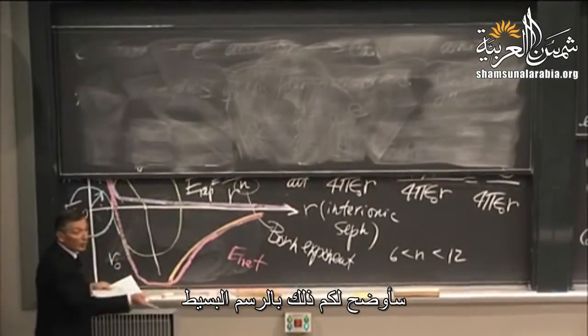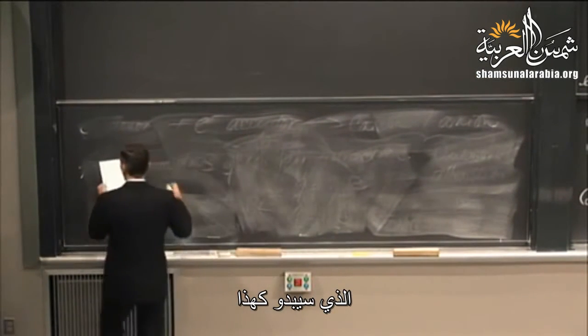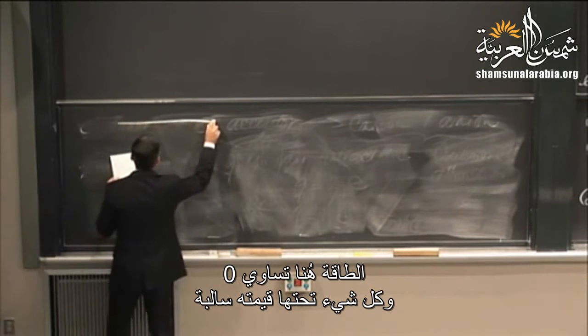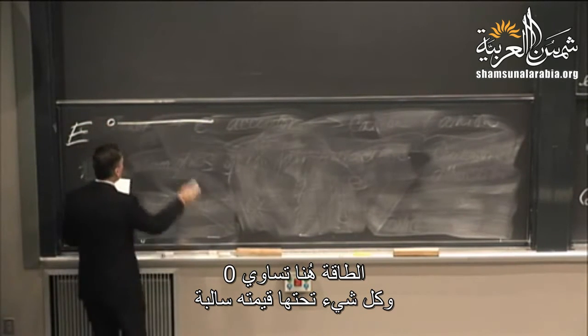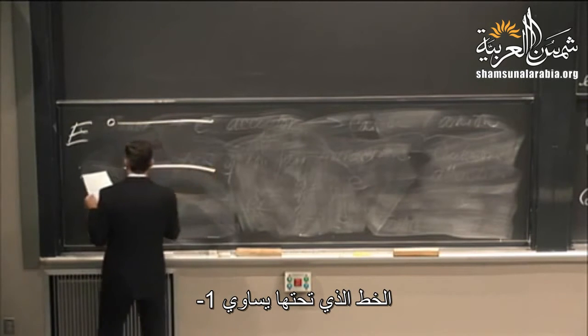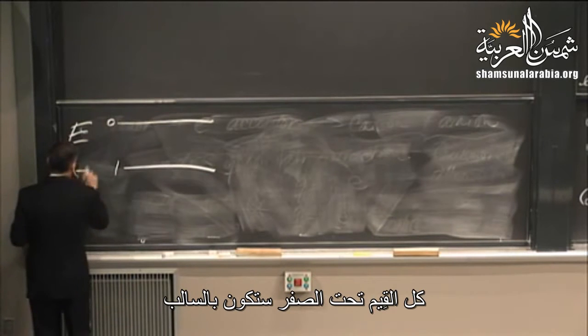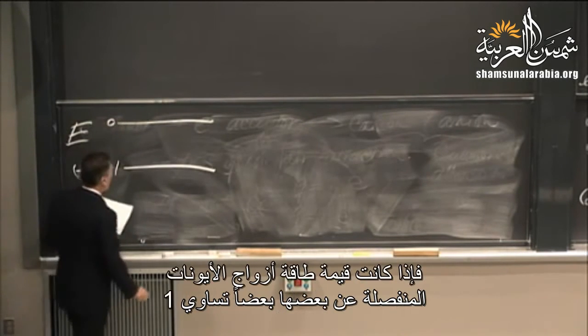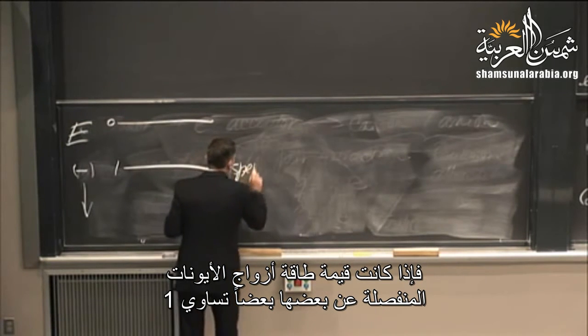So I'm going to do this pictorially. Let's make an energy level diagram. And the energy level diagram will look like this. So up here, the energy is 0, and everything is negative. So if I put this as -1 unit, these are all negative values increasing in this direction. So this is the dispersion of pairs.